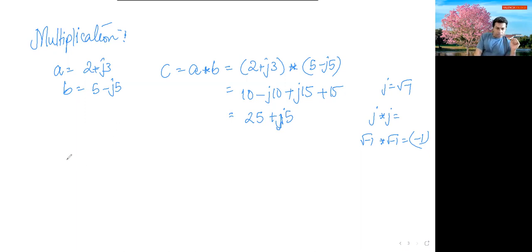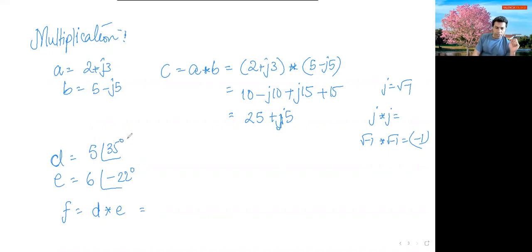If the numbers are given in polar form, let's say D is 5 angle 35 degrees and E is 6 angle -22 degrees, and you want D multiplied by E, it's very simple. You multiply the magnitudes and you add phases.